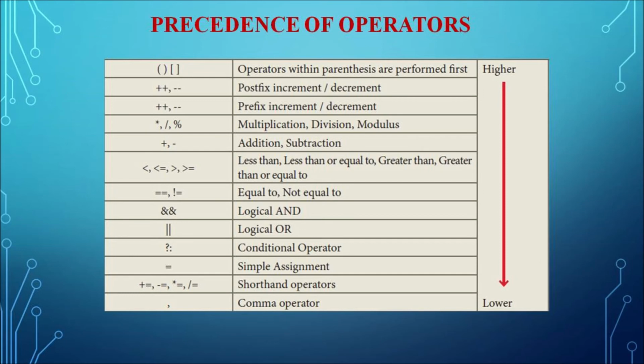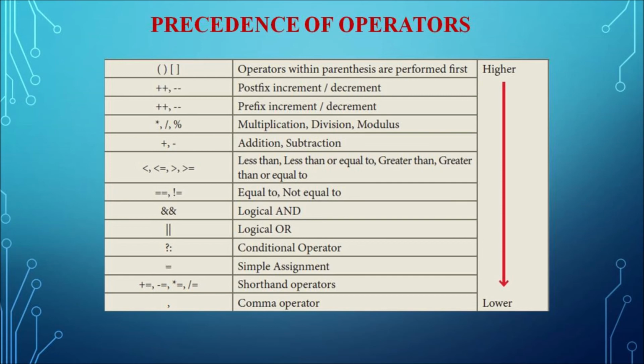In logical operators also preferences are available. Logical and is given the first preference and logical or the second. The conditional operator is a single operator, so it comes next to logical or. And the assignment operator, the equal to symbol, is given next to the conditional operator.